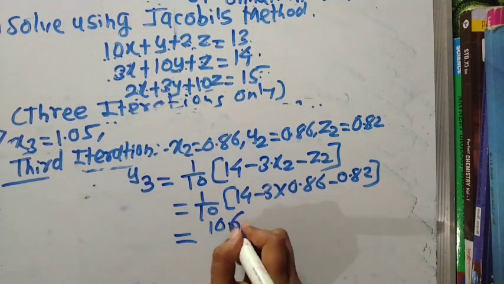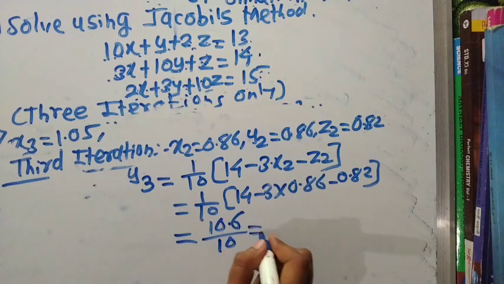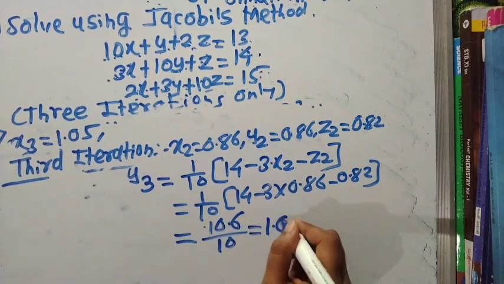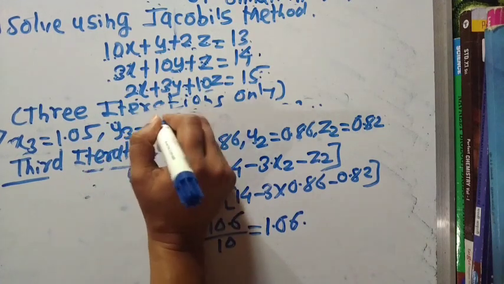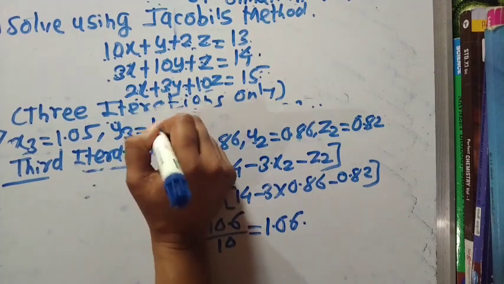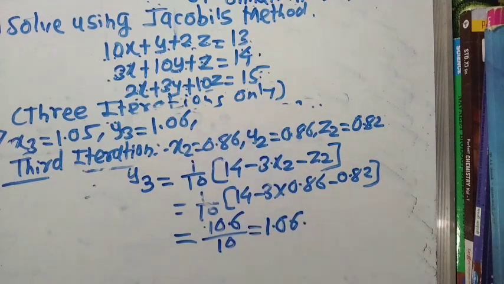So 10.6 divided by 10 is 1.06. So y3 is equal to 1.06.